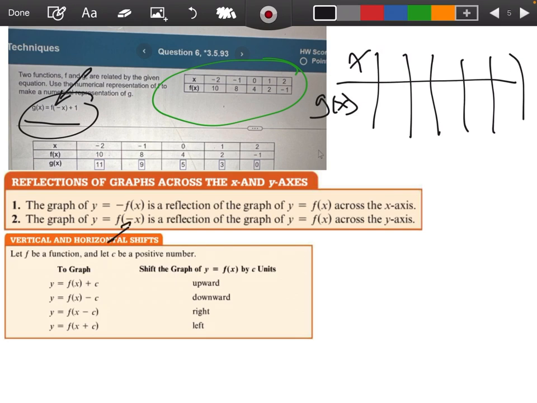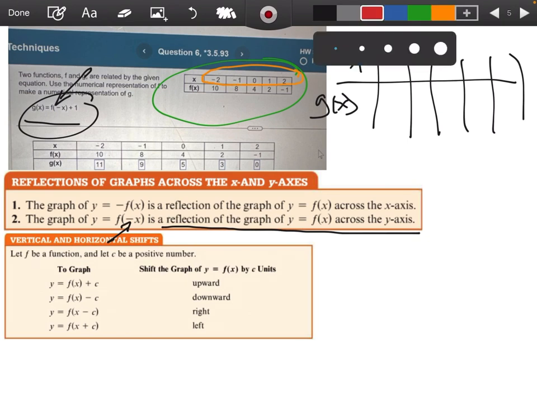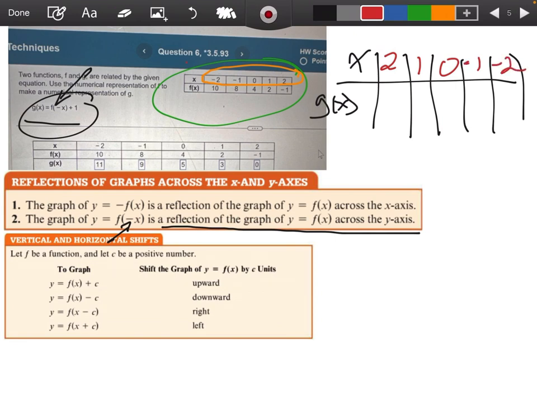When we have a negative on the inside, we're going to reflect the graph across the y-axis. All that means is I'm going to change the signs of my x values. So where this used to be 2, 1, 0, -1, -2, it's now -2, -1, 0, 1, 2.